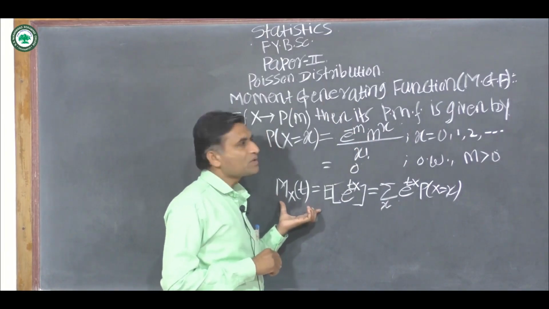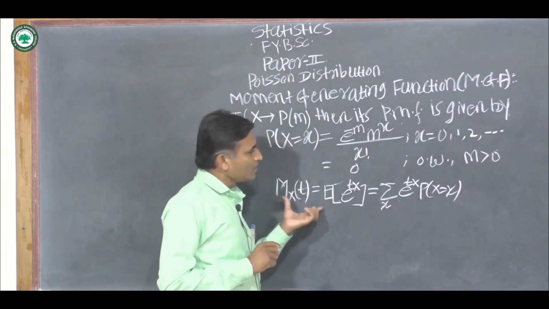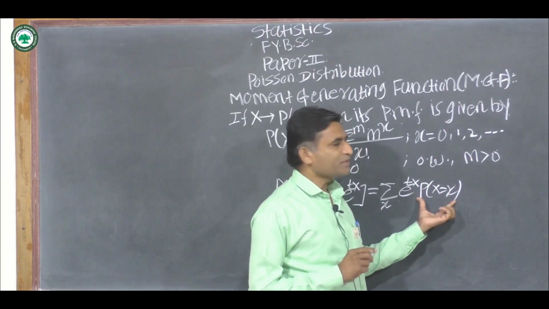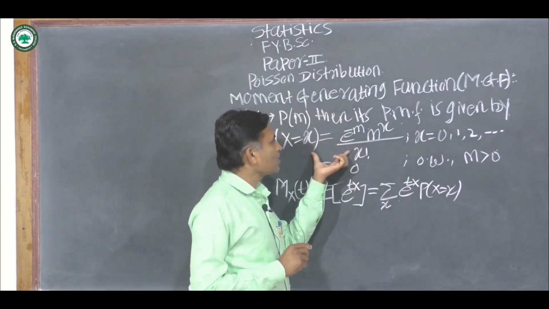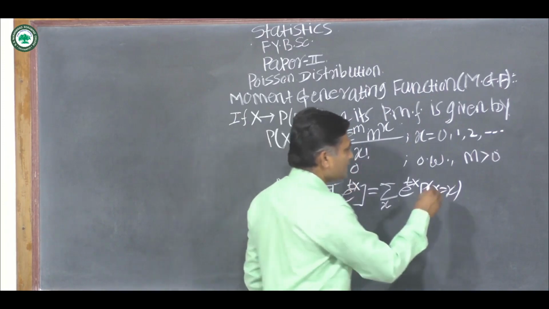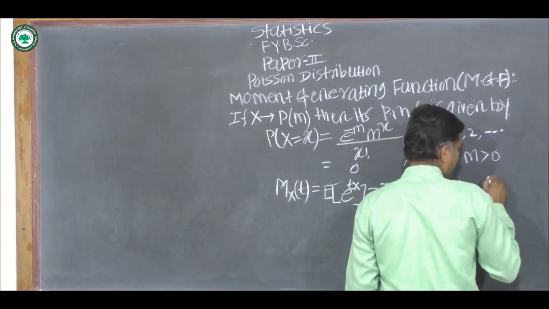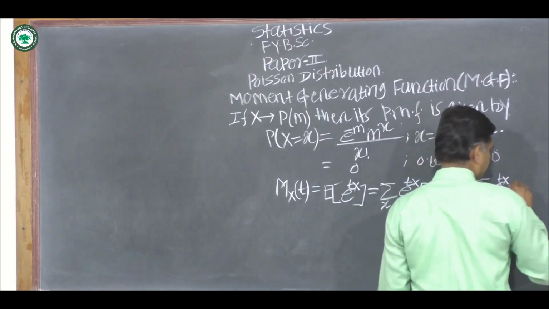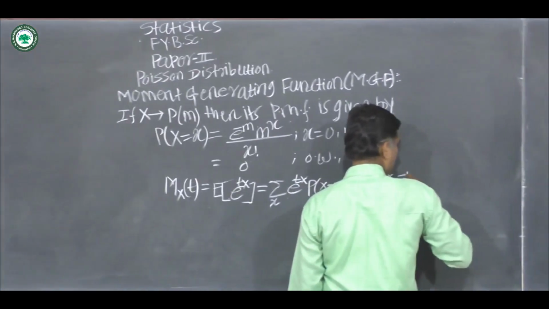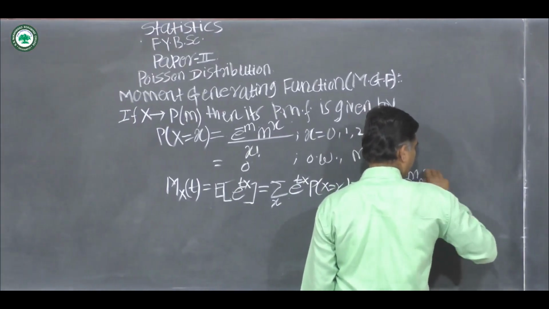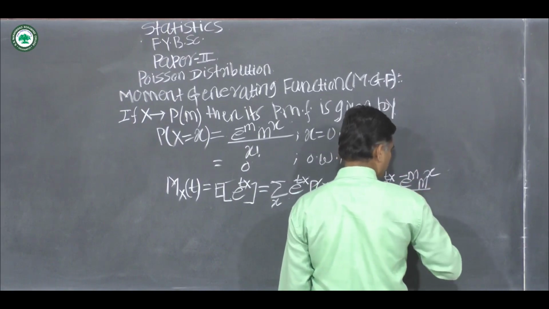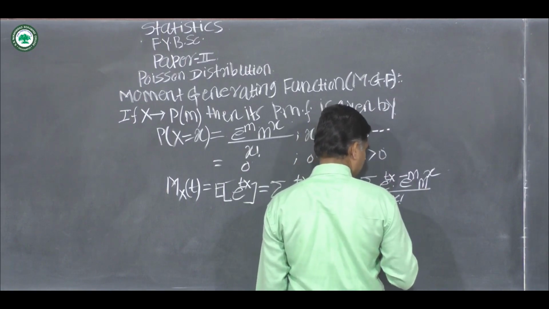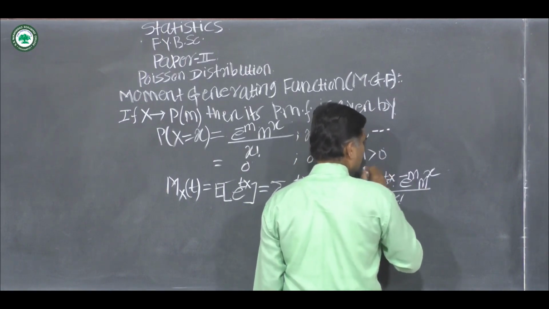This is the definition of moment generating function. Now we substitute the probability mass function of Poisson distribution, which gives the summation of e raised to t into x into e raised to minus m, m raised to x upon x factorial, where x takes values from 0 to infinity.